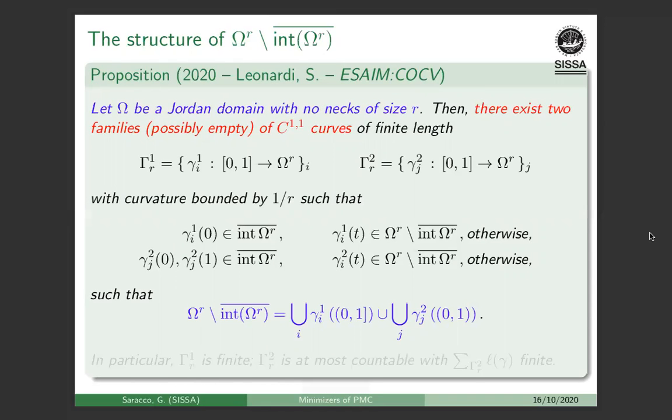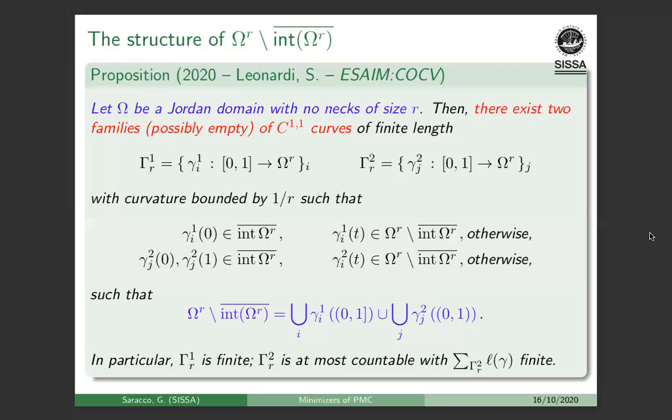And then you actually prove that the set difference is given exactly by the image of these curves. You can have a finite number of, say, noses. And you can have countably many hallways, but the sum of the lengths of the curves corresponding to those hallways is finite.